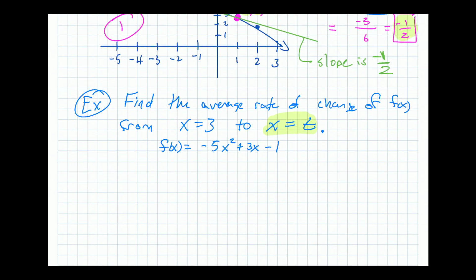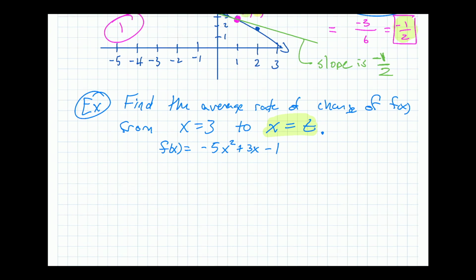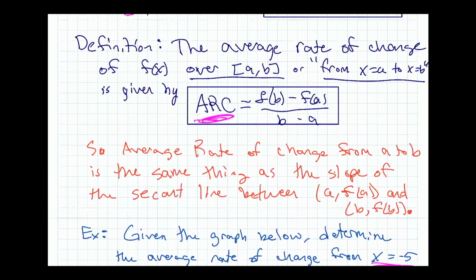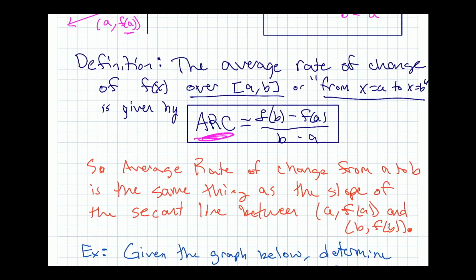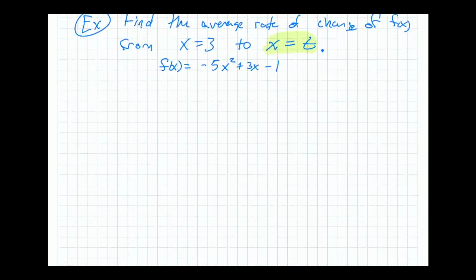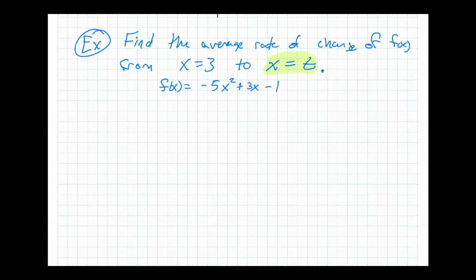Now that's where you're going to want to have the other formula in mind, right? F of b minus f of a over b minus a. Okay, so again, we can still call it m-sec because that's what they are calling it, but it doesn't matter. What is it?